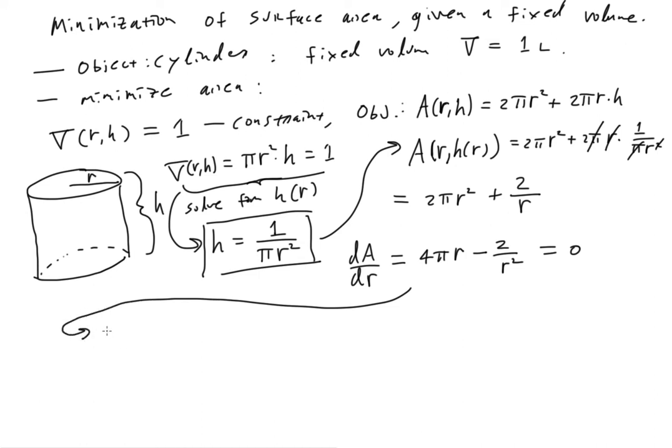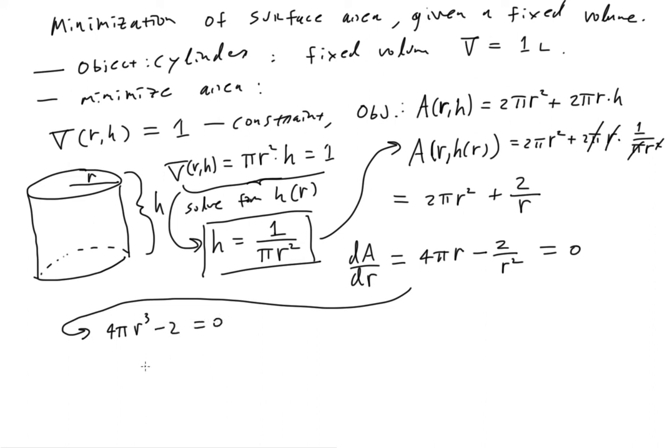Solving for r now, we have to find that critical value. We're going to multiply everything by r squared. We're going to end up with 4 pi r cubed minus 2 is equal to 0.